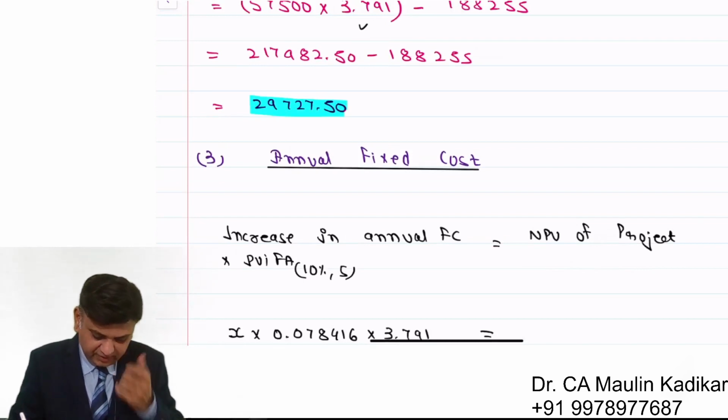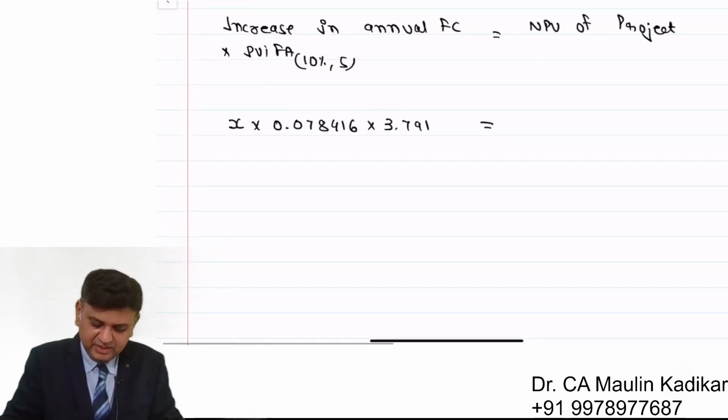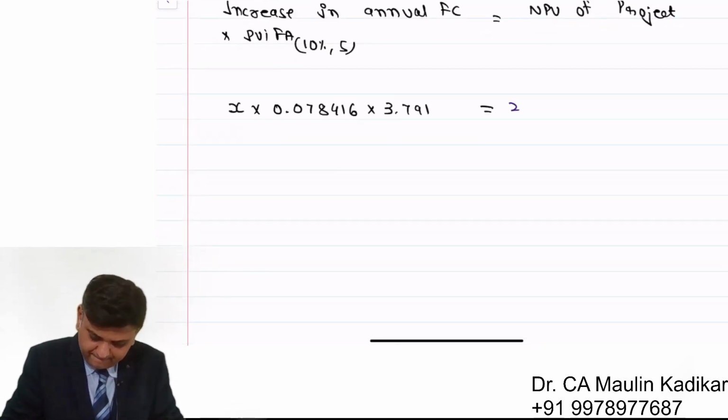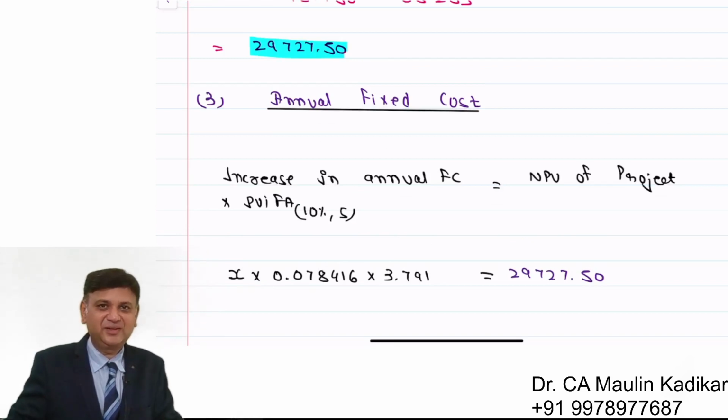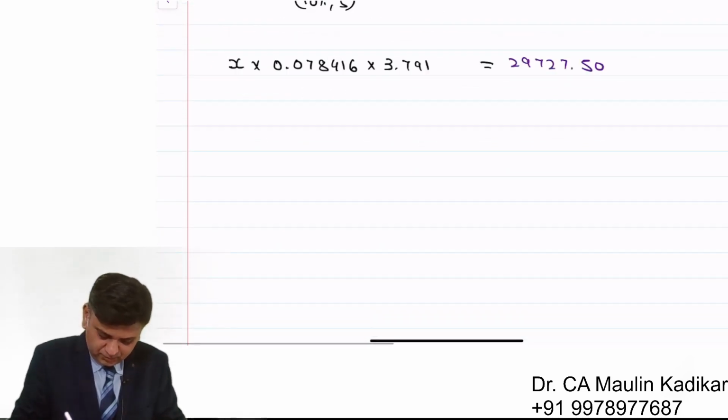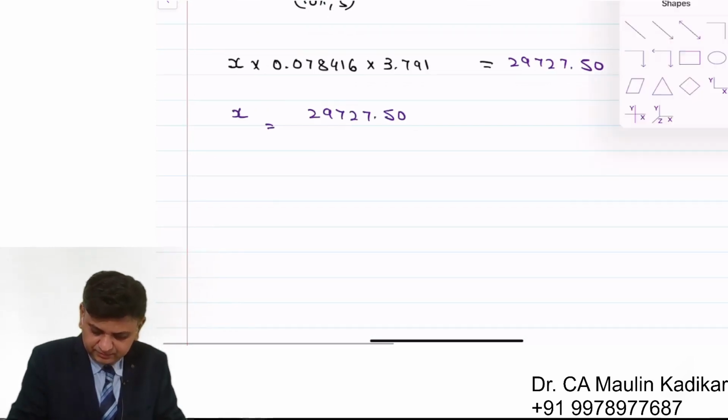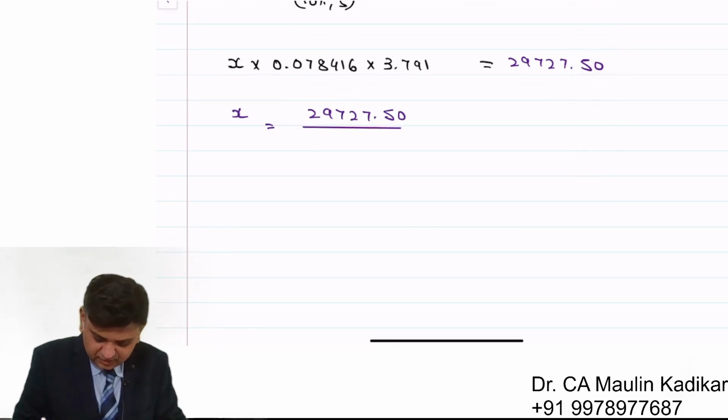What is the amount of NPV? 29,727.5. So now X will be found as balancing figure. X is equal to 29,727.5 divided by product of these two, 3.791 into 0.078416.